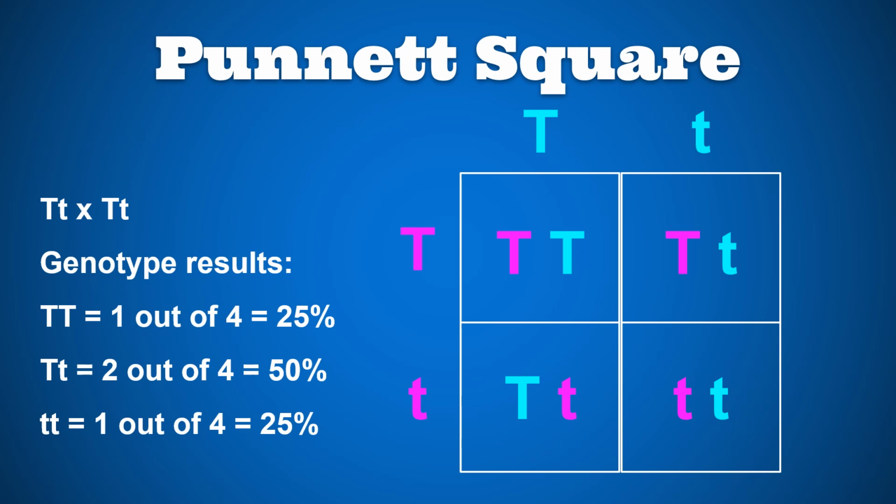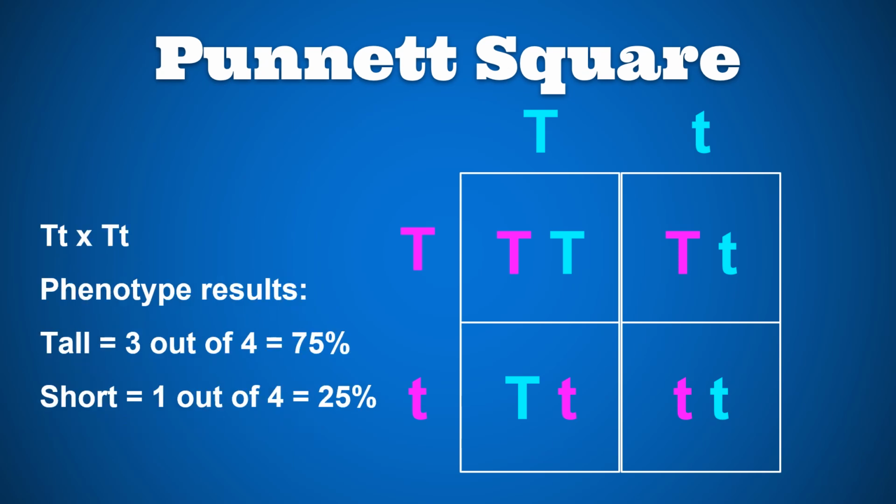And there is a 1 out of 4 or 25% chance that the offspring will be two lowercase t's. For the phenotypes, there's a 3 out of 4 or 75% chance that the offspring will be tall. There's a 1 out of 4 or 25% chance that the offspring will be short.